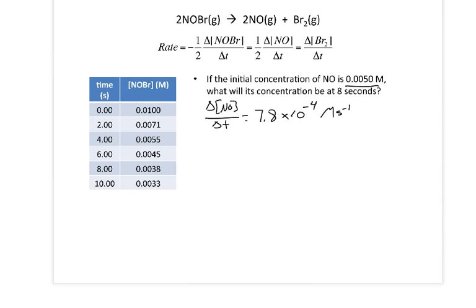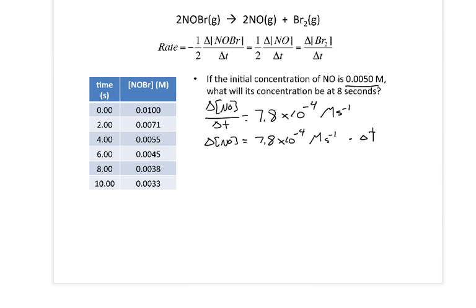And so now all I have to do to get the concentration is plug in delta T down here and solve for the change in NO. So I know that the change in NO is going to be 7.8 times 10 to the minus 4 molarity seconds to the minus 1 times the change in time.